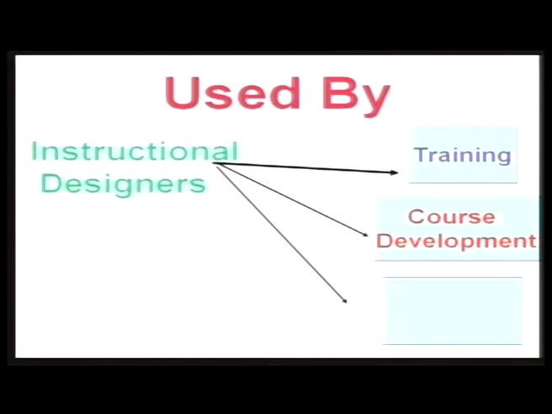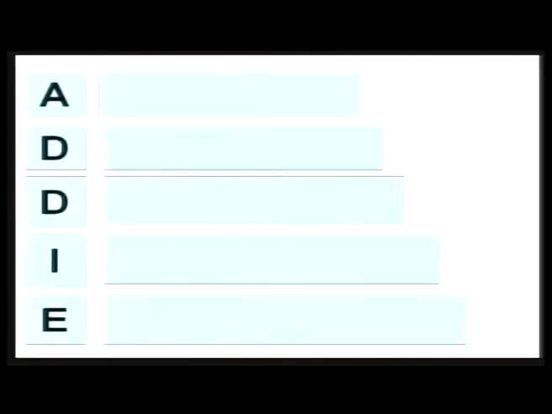As I just said, in open and distance education we develop courses, and even in the formal system, courses are developed. And lastly, it is being used in e-learning. Instructional designers are using this model for e-learning, or online learning programs.